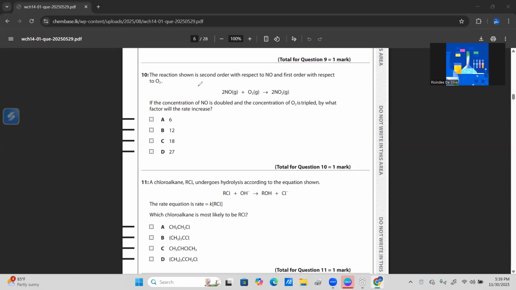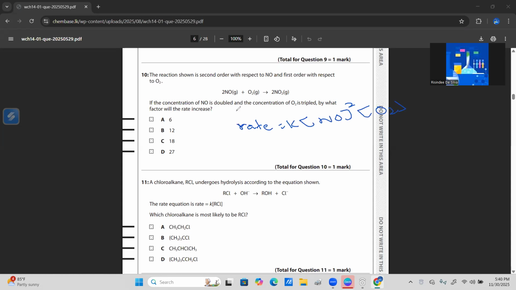The reaction shown is second order with respect to NO and first order with respect to O2. So if I write the rate equation, rate is given by second order with respect to NO and first order with respect to O2.